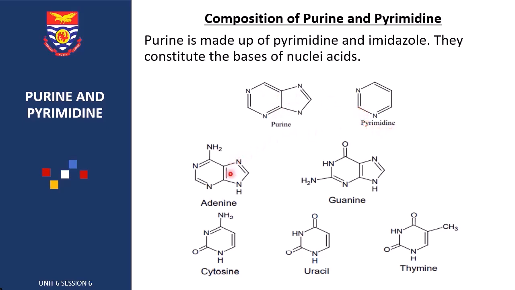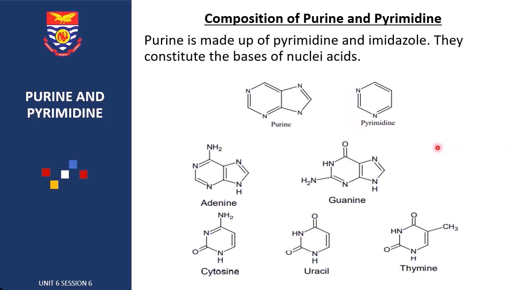Now if you look at our basic building blocks of our DNA and RNA, realize that adenine and guanine are analogs of purine, or derivatives of purine, whereas cytosine, uracil, and thymine are analogs of pyrimidine, right? So let's take note of that.